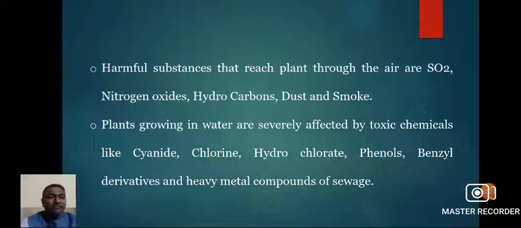Harmful chemicals such as sulfur dioxide, nitrogen oxide, hydrocarbons, dust, and smoke enter the plant body through air, while aquatic plants are affected by toxic chemicals like cyanide, chlorine, hydrochlorate, phenols, benzyl derivatives, and heavy metal compounds, mostly from sewage.